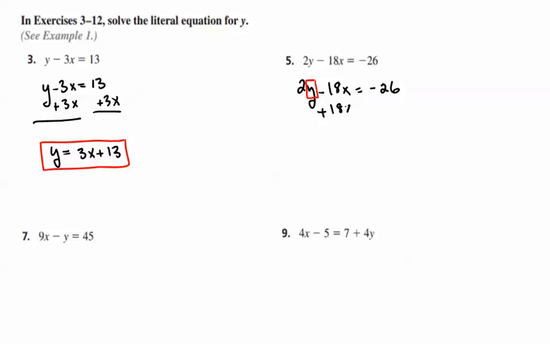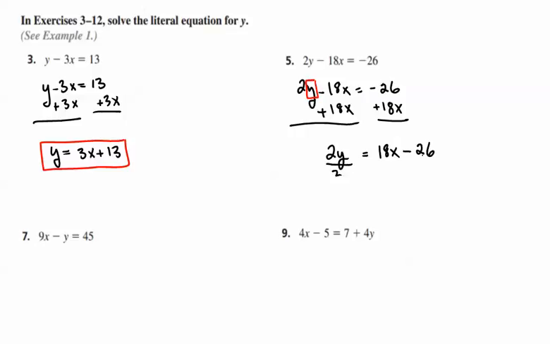So we're going to add 18x onto both sides, and just like with the previous problem, we can't add 18x and negative 26. The most we can say is either 18x minus 26 or negative 26 plus 18x. And that leaves us with 2y on this side.